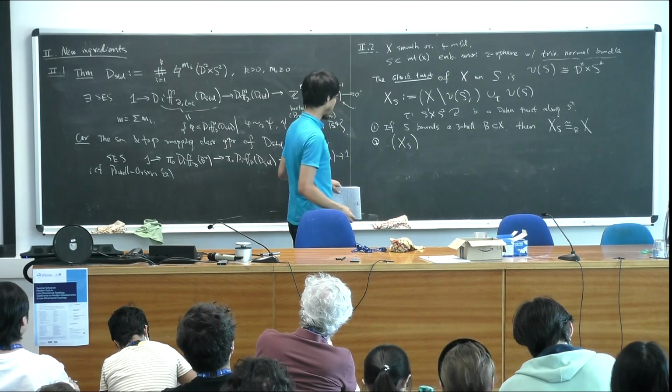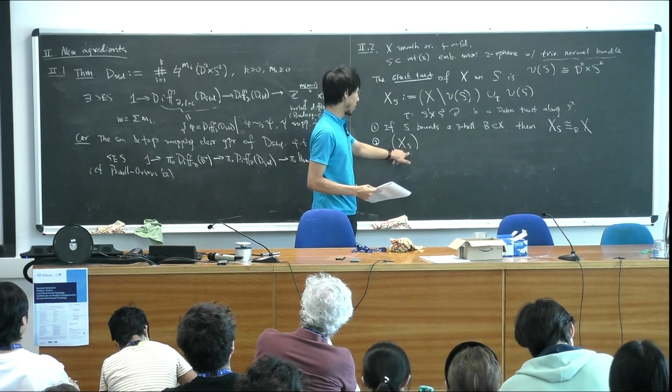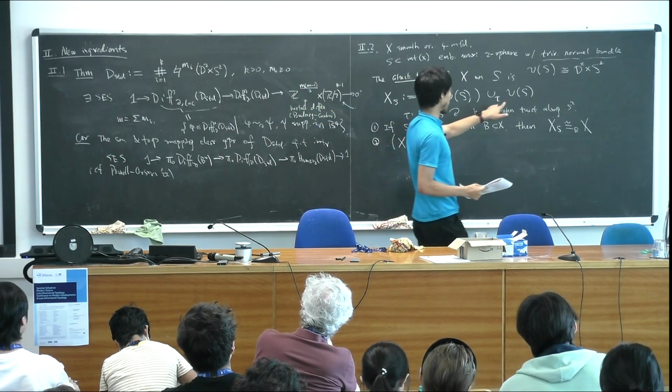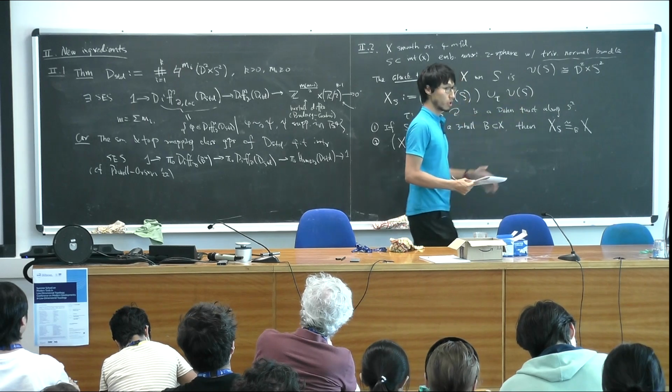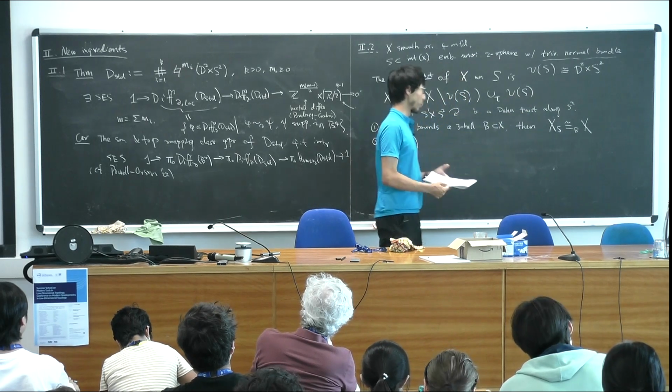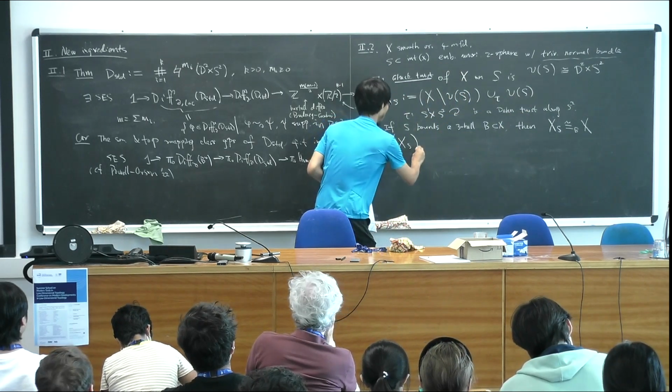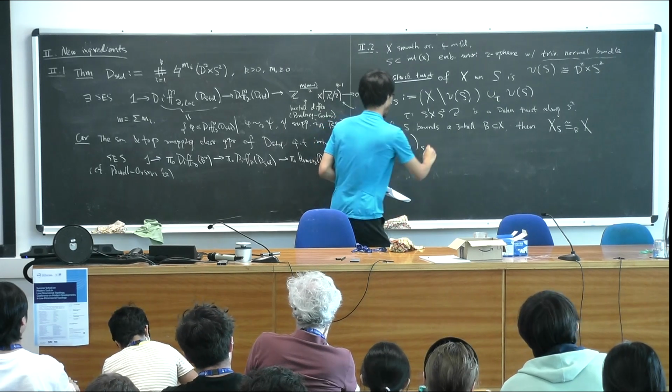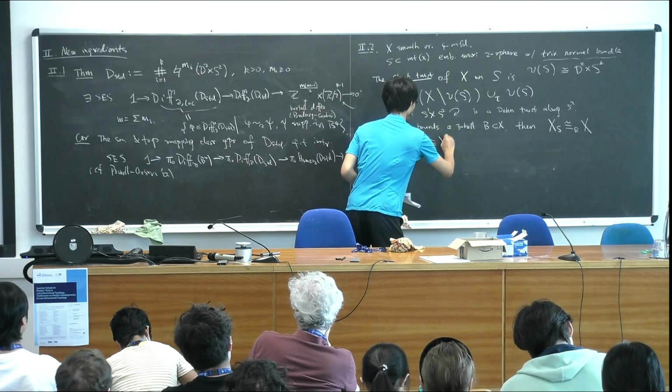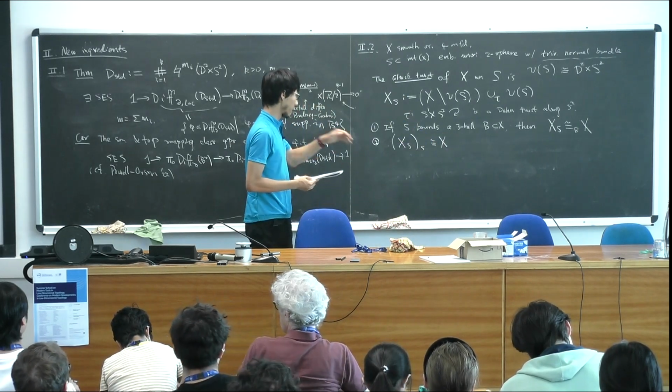So if you do Gauss twist once, you still see S in the core of this neighborhood you reglue back in, and I can twist it again. This is canonically diffeomorphic to what I start with.